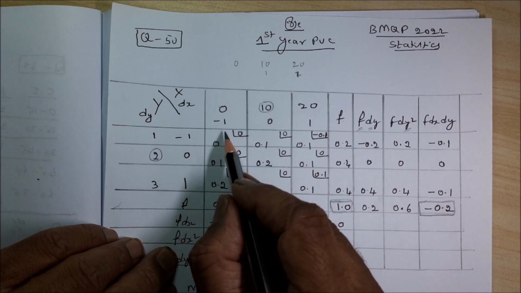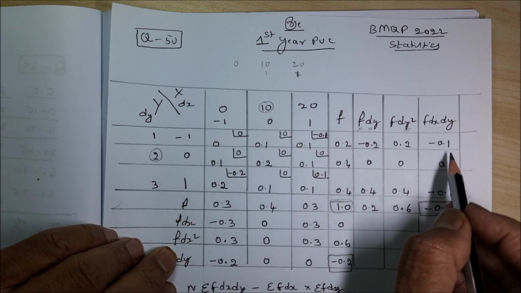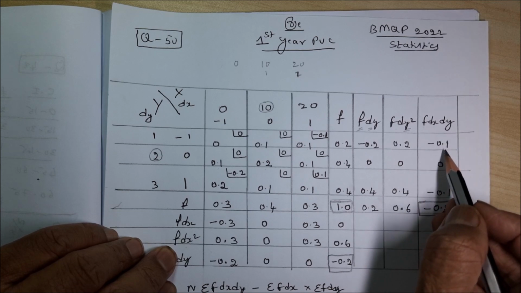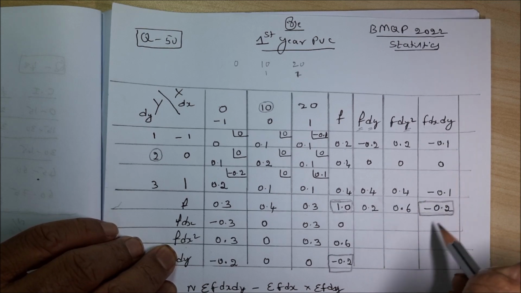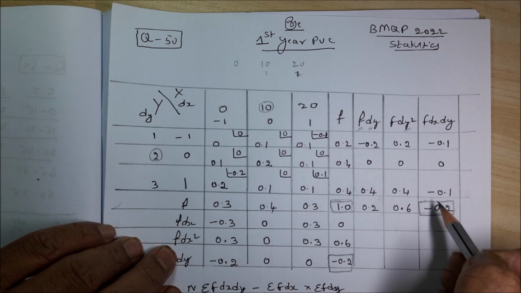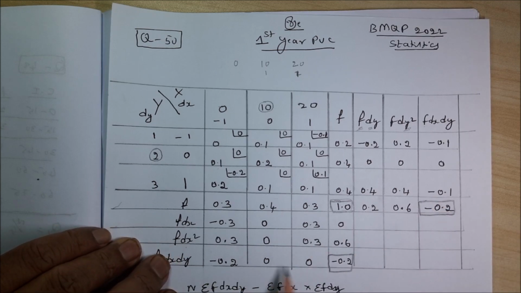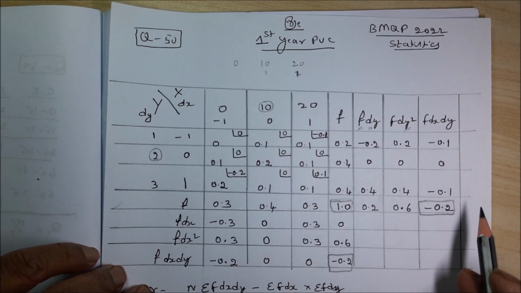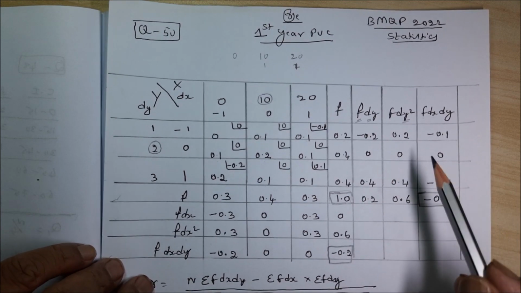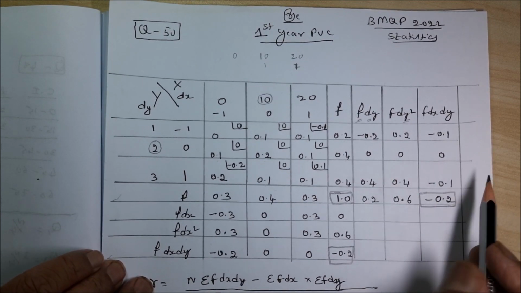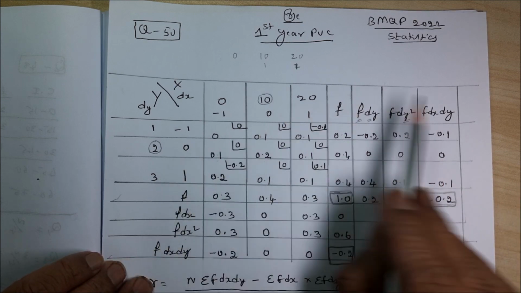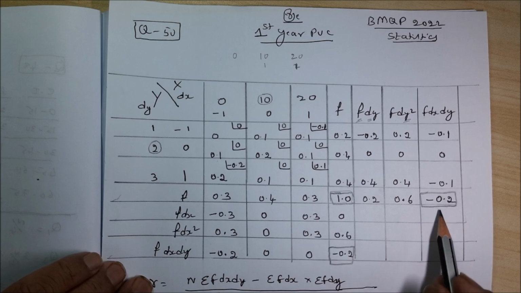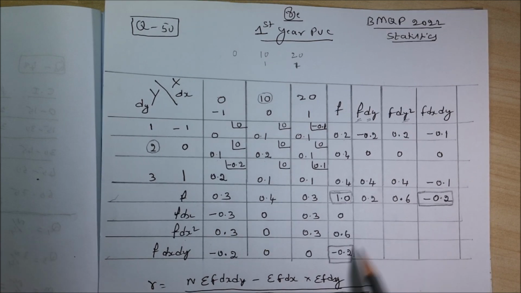So when you do that, it becomes very easy for you to calculate everything. f dx 0.1, 0, minus 0.1, minus 0.2, minus 0.2, 0, 0, minus 2. Because I cannot explain again in the similar fashion. That is why I explained in detail in the previous problem. The same table, there is no change, only figures have changed, right? So we have worked out that.